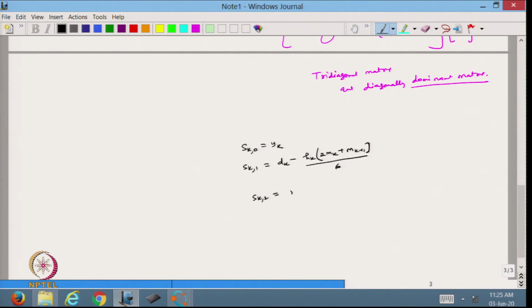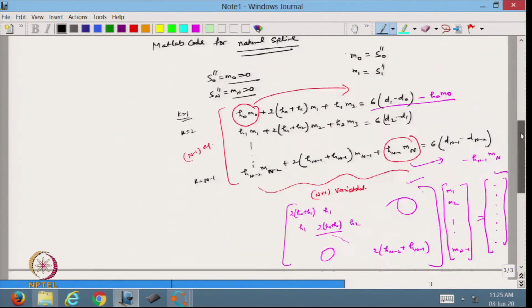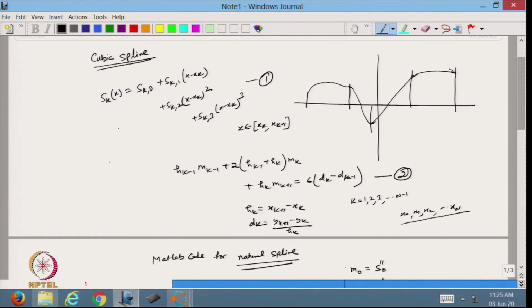Sk2 will be mk by 2, and Sk3 will be mk plus 1 minus mk divided by 6 hk. So I am able to find all these coefficients. Now I know the value of yk is already given to me, mk I found from this system, and dk is given. So now I can find the coefficients, and based on these coefficients I can write my cubic spline.